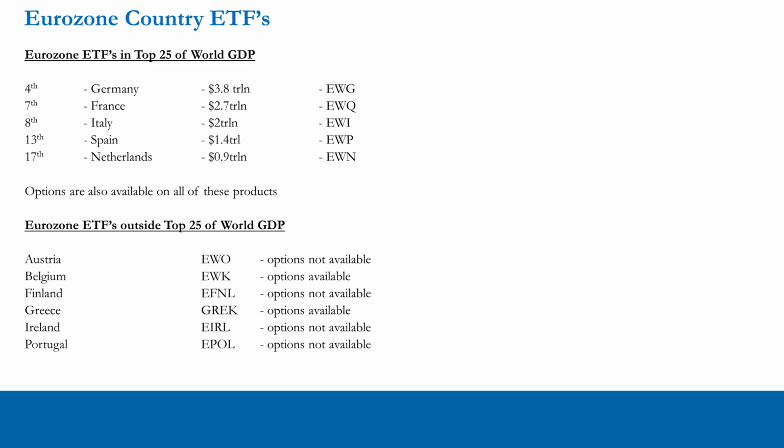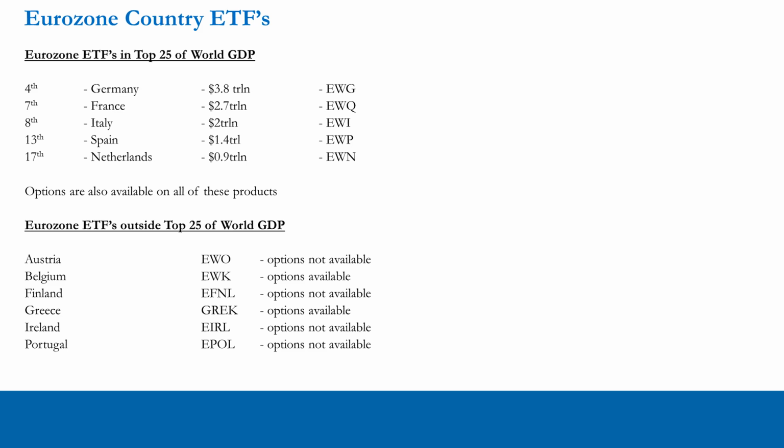And what we've done here is we've split up Eurozone ETFs that are in the top 25 of world GDP and ETFs that are outside the top 25 of world GDP. So starting with the ETFs or tradable instruments on countries that are in the top 25 of world GDP.